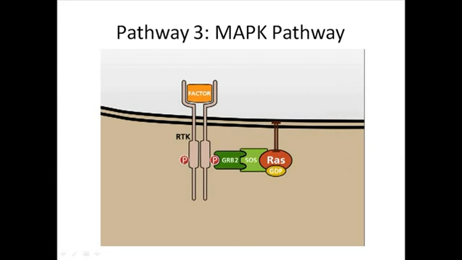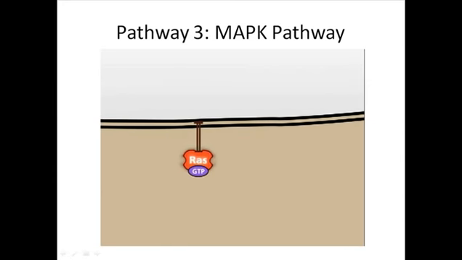Inactive RAS is bound to the nucleotide guanosine diphosphate, GDP. SOS catalyzes the exchange of the RAS-bound GDP for GTP, guanosine triphosphate. This exchange leads to the activation of the RAS protein. In its active GTP-bound state, RAS is able to bind to several effector proteins.